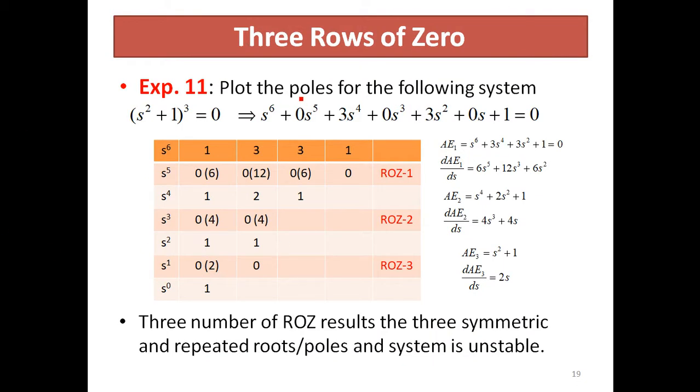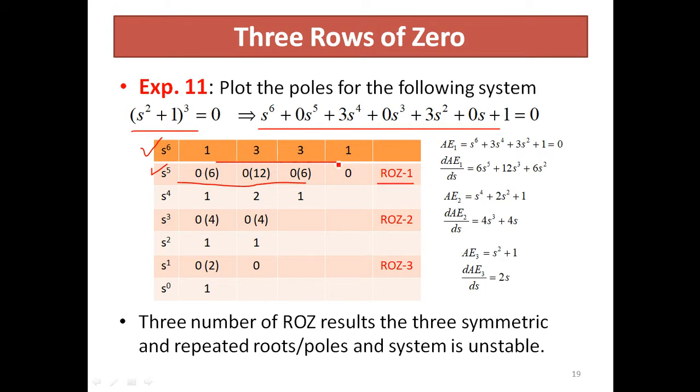See, if you are having 3 rows as ROZ, what would happen? So considering this example, opening this example, this s square plus 1 keep raised to power 3 and constructing the Routh array, these elements are appearing as 0. So this is first ROZ.